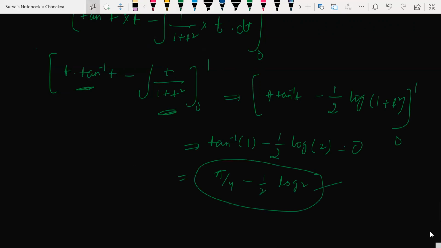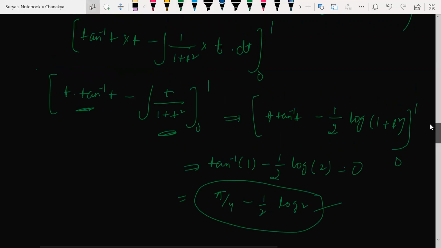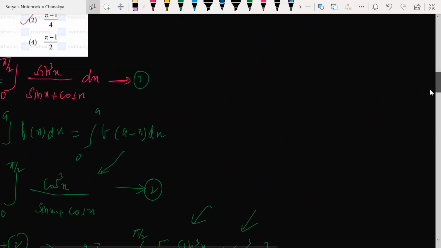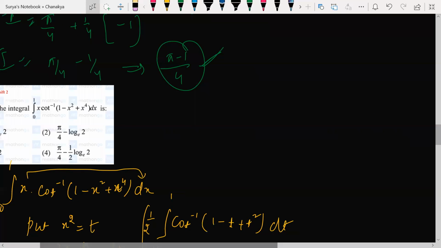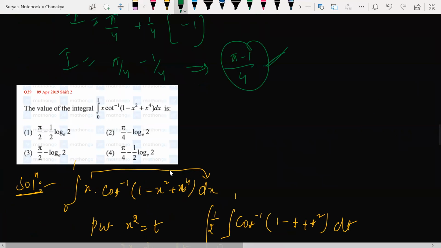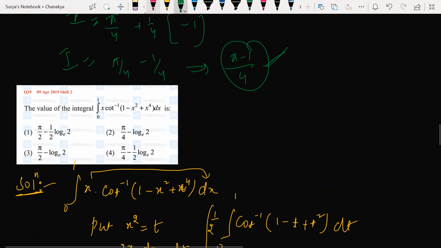So which option is correct? Pi by 4 minus 1 by 2 log 2. Option D is correct.